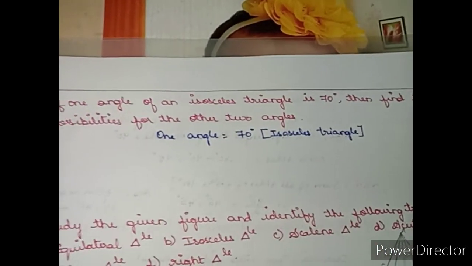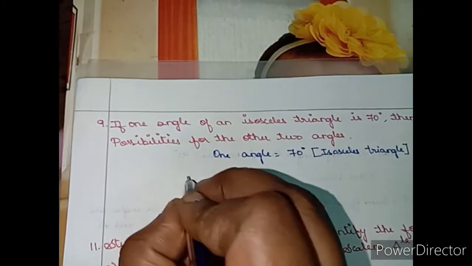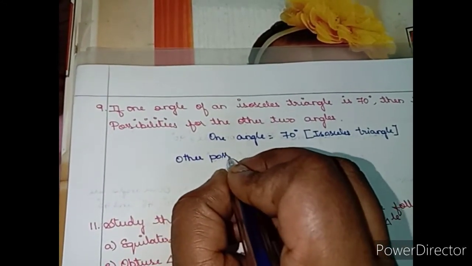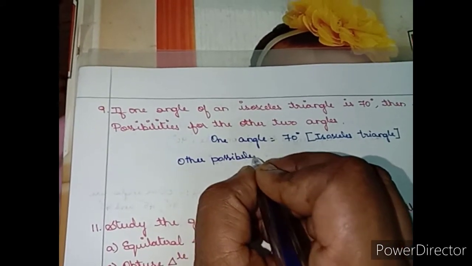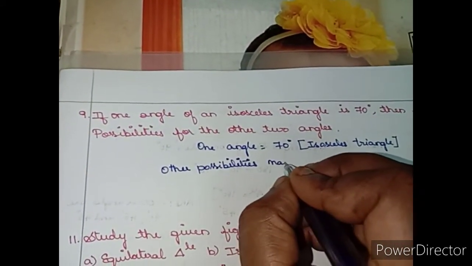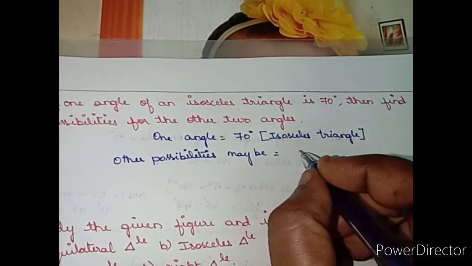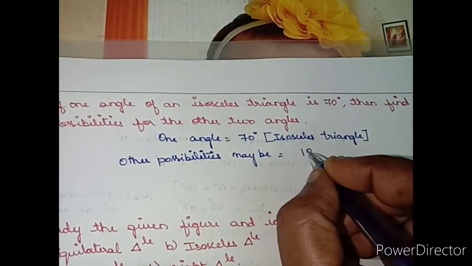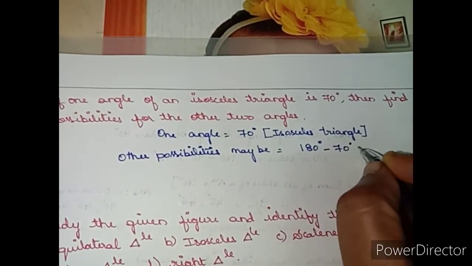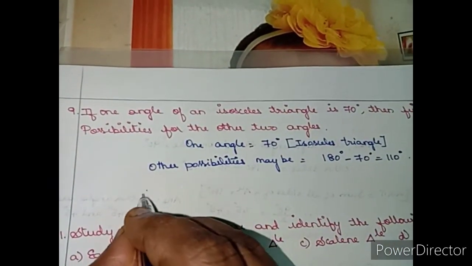So what are the other possibilities they are asking? First we have to find the remaining. We know that the sum of all the angles of a triangle is 180 degrees, minus 70 degrees, it is 110 degrees.